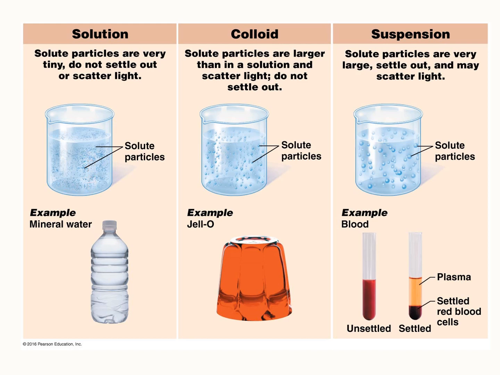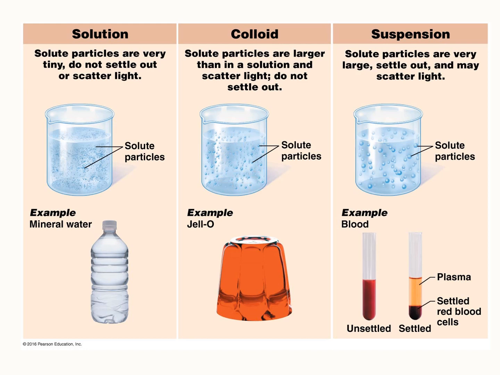With a colloid, the substances are larger, so they scatter light, so we get a mixture that is cloudy or opaque, and in some cases they can transition from a gel to a liquid or vice versa. However, these particles are small enough that they do not separate over time.